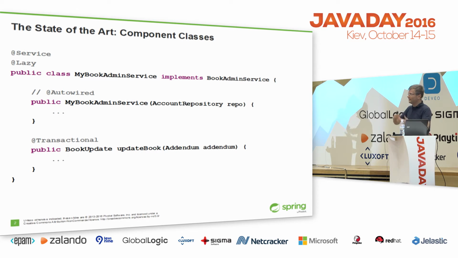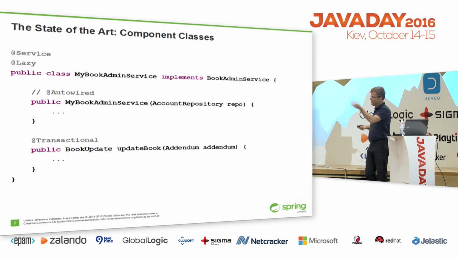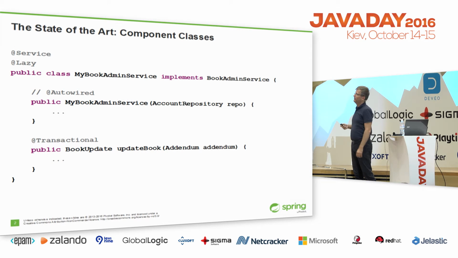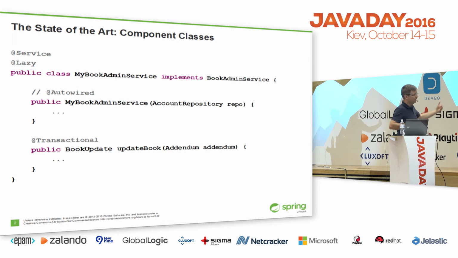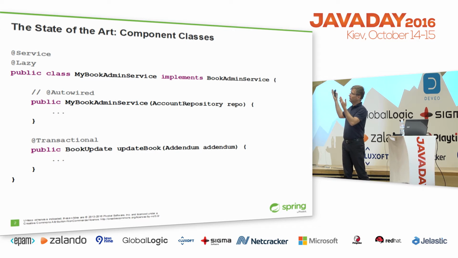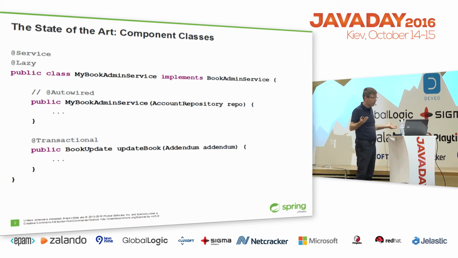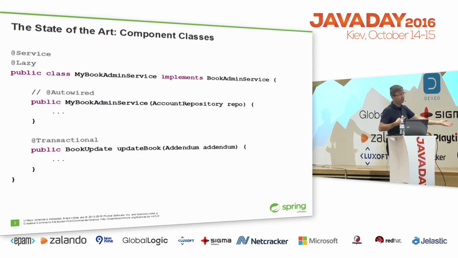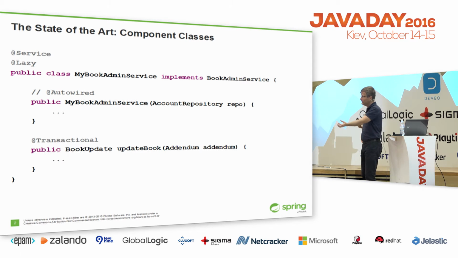And the choice of annotation names actually supports this readability perspective. That's why Service is a noun. That's why Lazy is actually a characteristic. And that's the reason why @Autowired is descriptively worded and not an instruction. These are descriptive elements, because at the constructor level, again, we have a regular Java constructor. It accepts a reference to another bean, a dependency, another bean that we want to delegate to.